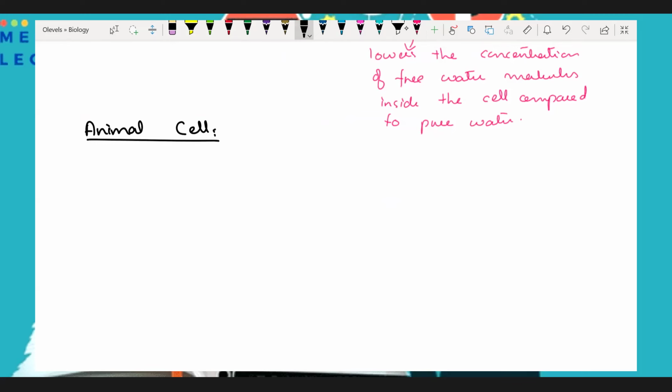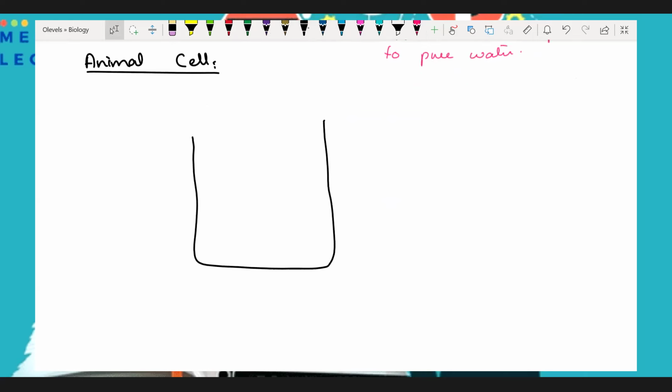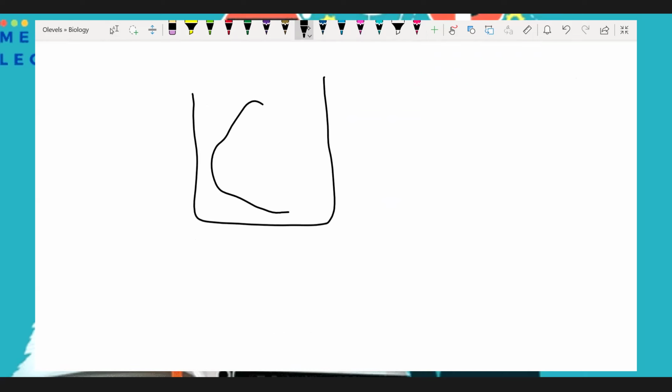Now, suppose we take an animal cell. This was our animal cell, right?